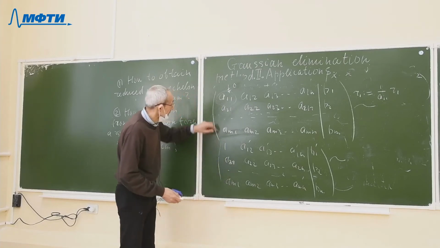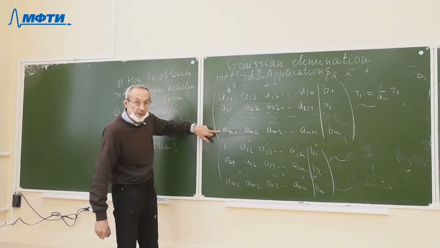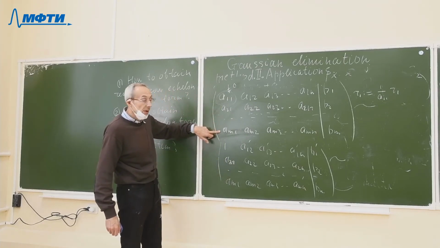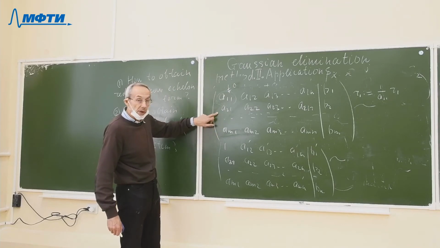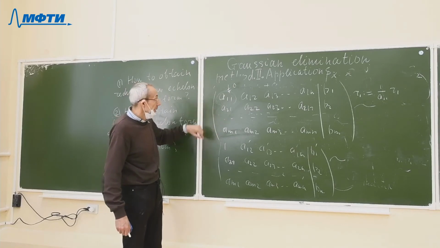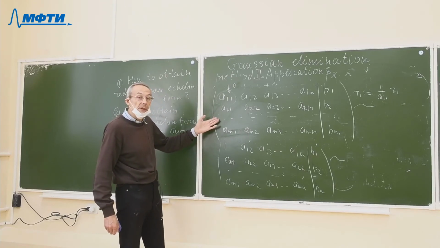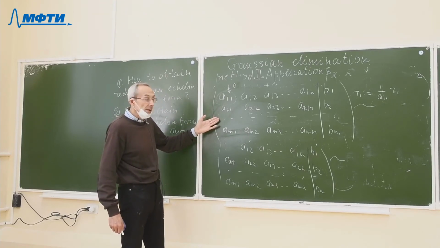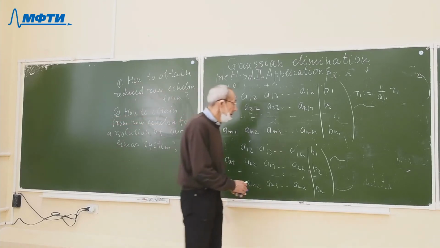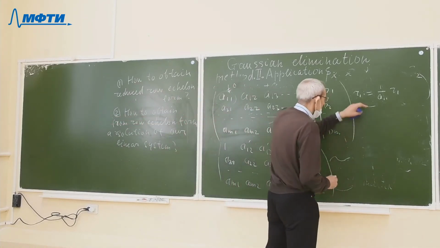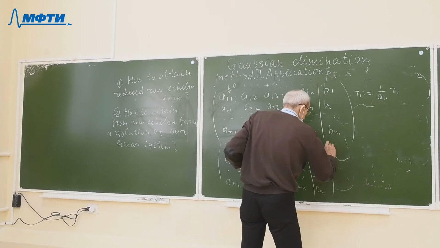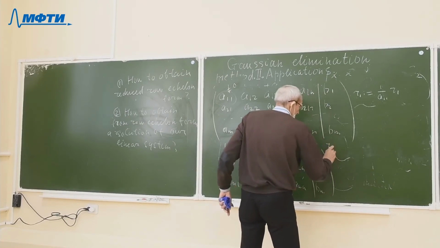To transform these elements into zeros using elementary operations, how to do that? Easy to see. We can use the operation of type 2.